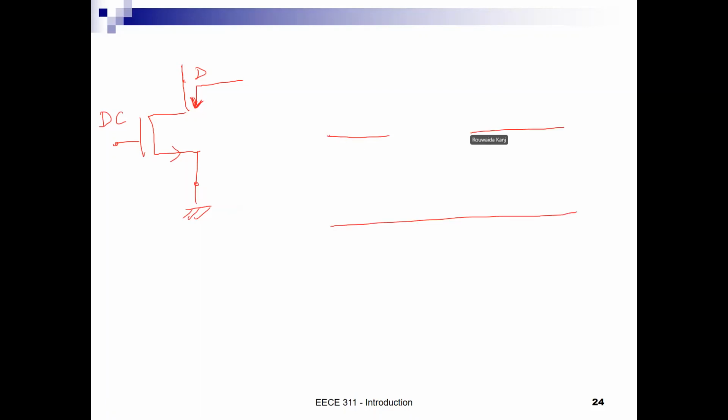I will have here gm VGS, the source grounded and the gate, and the little RO. What does it mean to have the gate at DC? What is the voltage at the gate in small signal analysis?